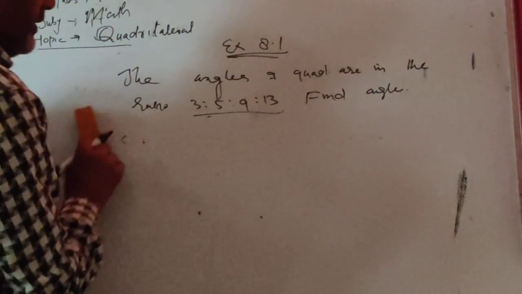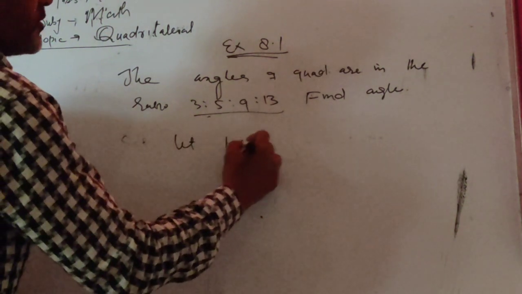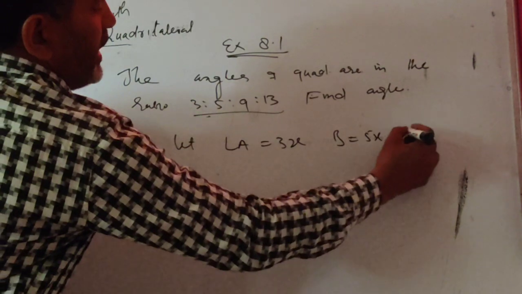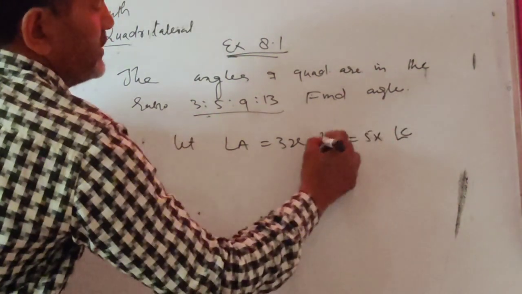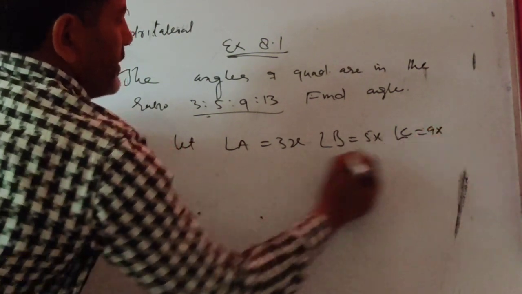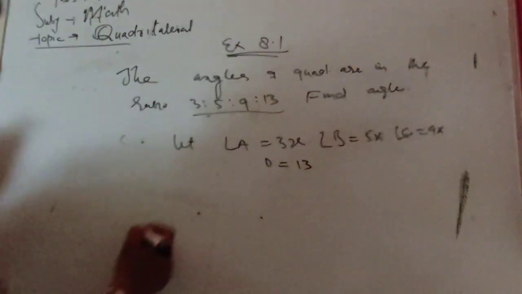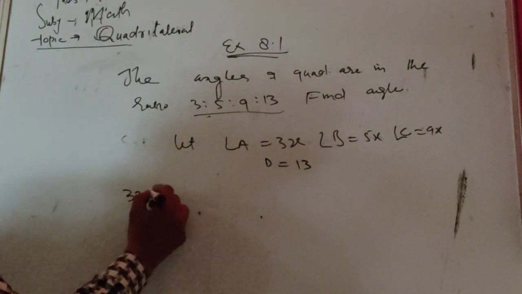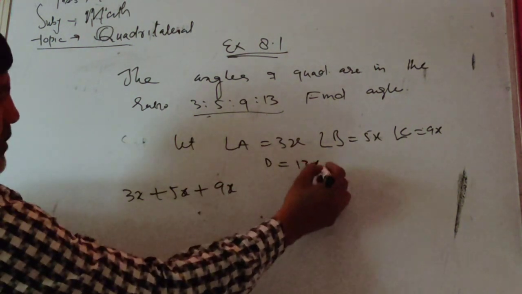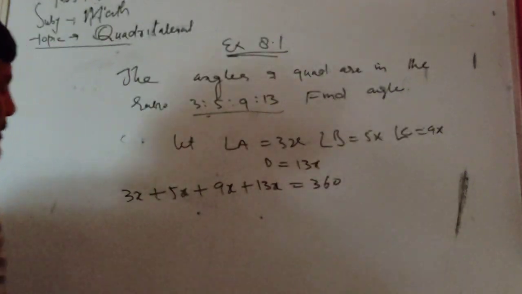Let angle A be 3x, angle B be 5x, angle C be 9x, and similarly angle D be 13x. Then we have 3x plus 5x plus 9x plus 13x is equal to 360.